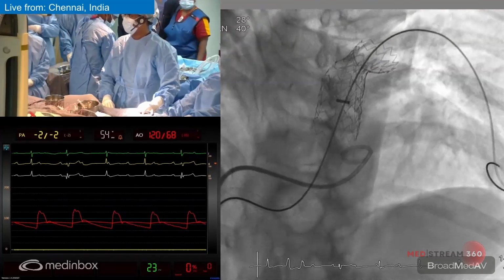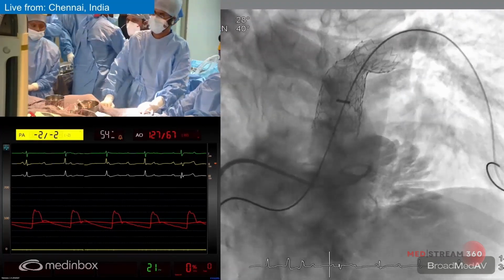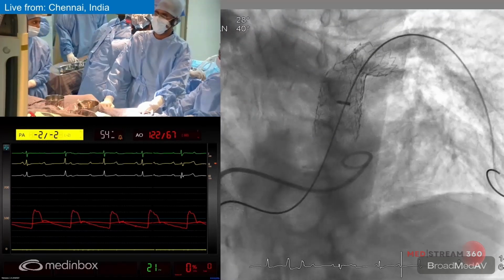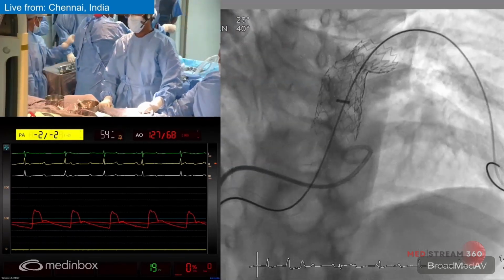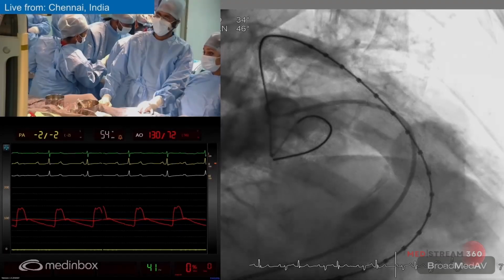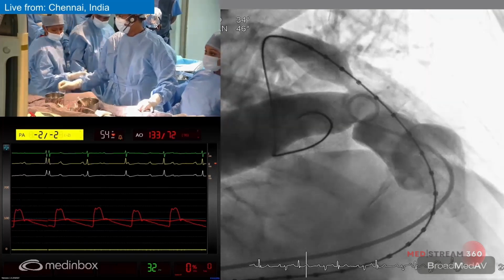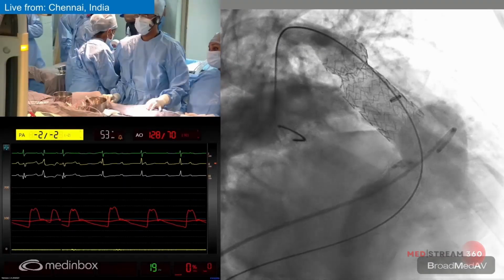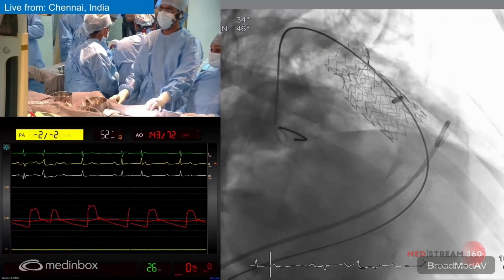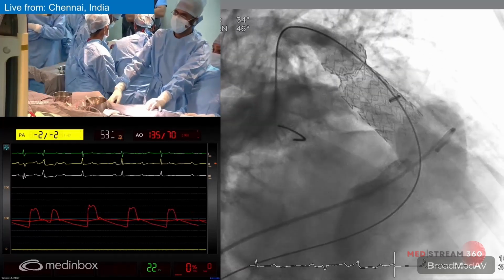Shall we do that with a reliant balloon? Yeah, reliant balloon is basically a compliant balloon that can be used. So here, this was actually showing the distal main pulmonary artery trunk narrowing very clearly. Here it looks reasonably opposed.